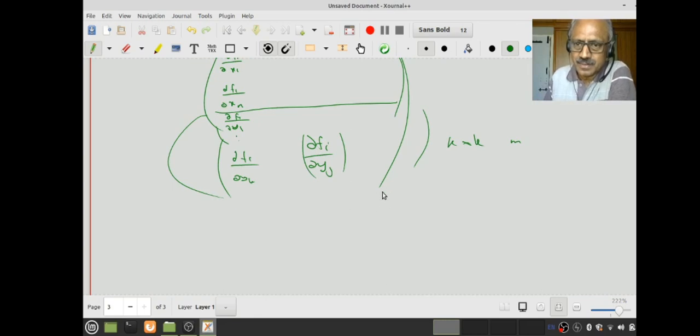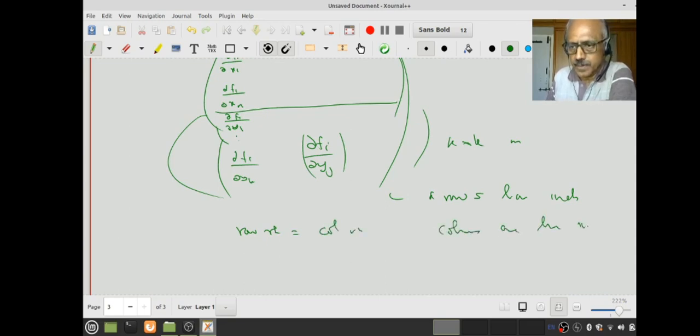These k rows are linearly independent, and since row rank equals column rank, the k columns are linearly independent. That means the derivatives of the fi at a, all the derivatives at a, are linearly independent.